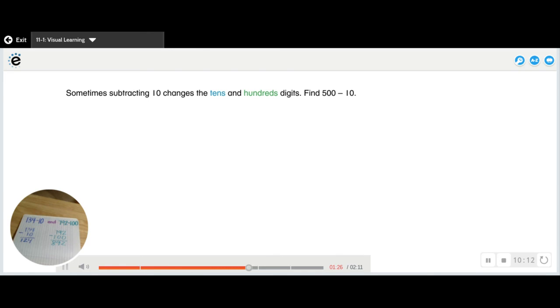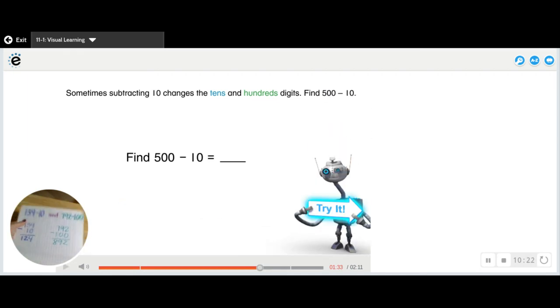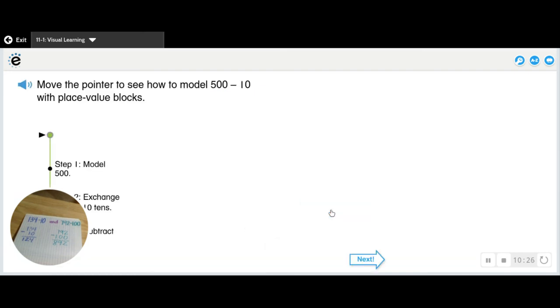Sometimes subtracting 10 changes the tens and hundreds digits. Find 500 minus 10. Okay, let's look at this one real quick. All right, so move the pointer to see how to model 500 minus 10 with place value blocks. All right, so it says use 500 flats to model 500.